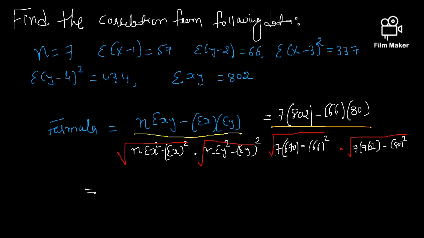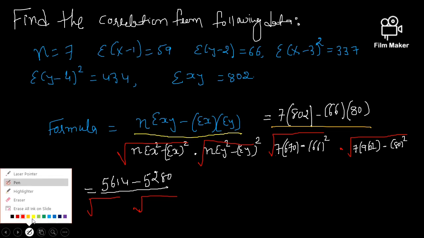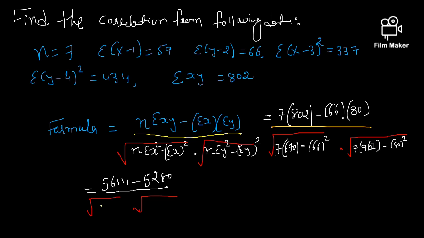So 802 into 7 is 5614, minus 66 into 80, and that is 5280, divided by under root of the first under root, which is 670 into 7, minus 66 the whole square, that is 670 into 7 minus 66 into 66, which is 334.